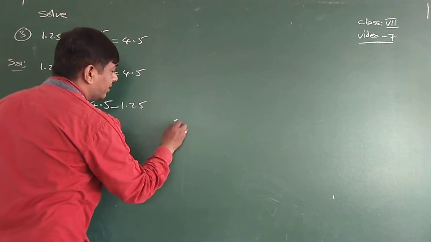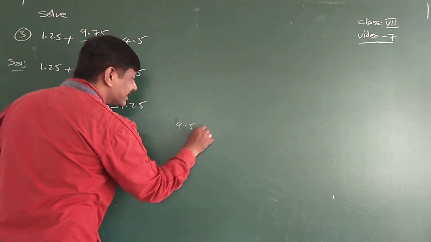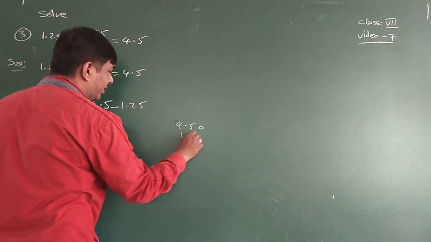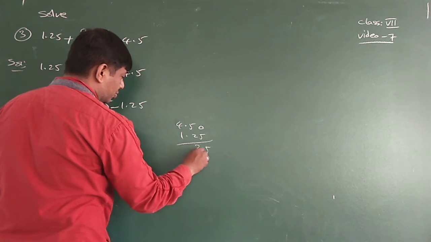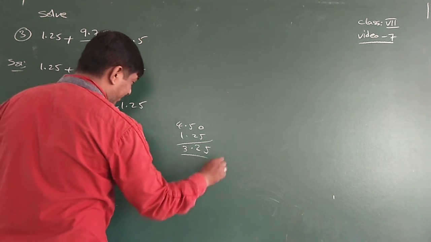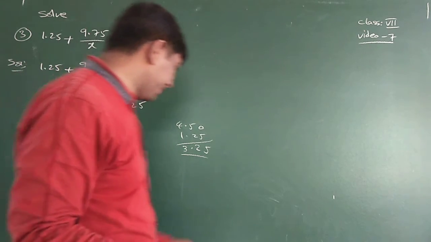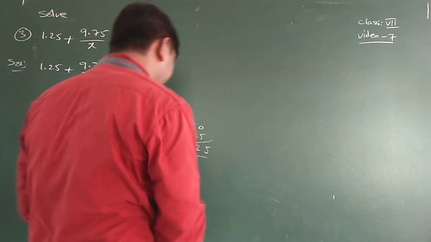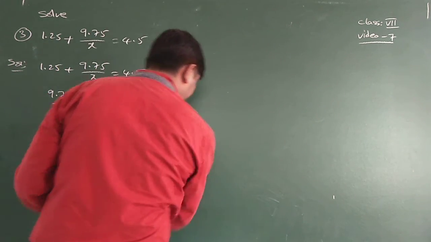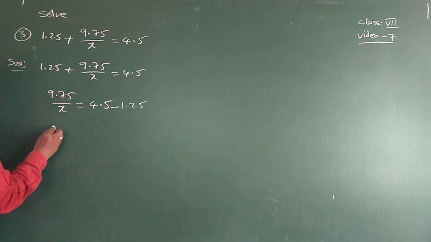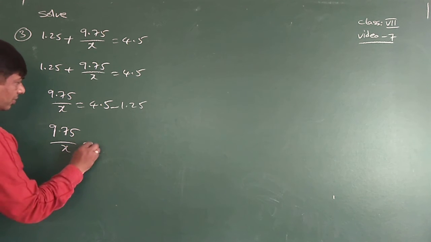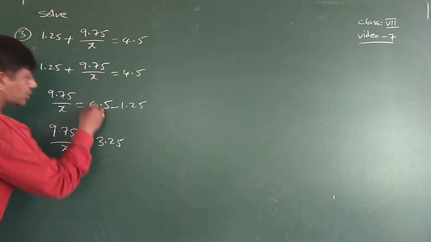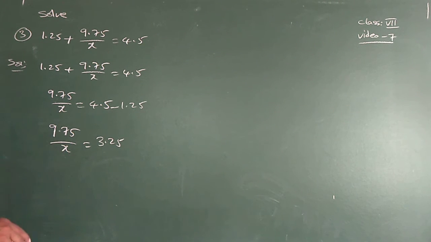Now subtract: 4.5 minus 1.25 gives 3.25. So 9.75 by x is equal to 3.25, because the positive term is bigger, so we get a positive value.